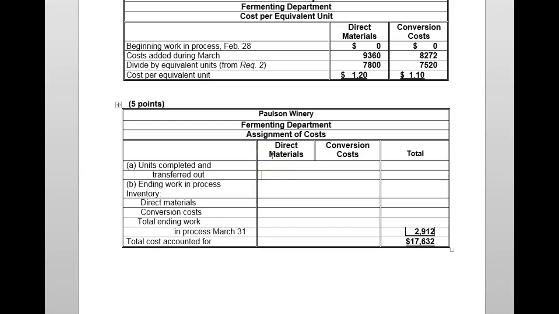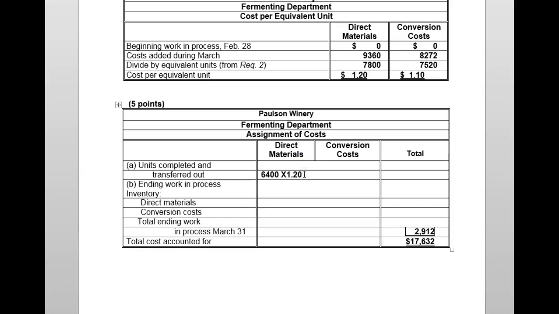So we transfer out 6,400 units. Now I could multiply each one of them times 1.20 to come up with the... no, let's do that the right way.